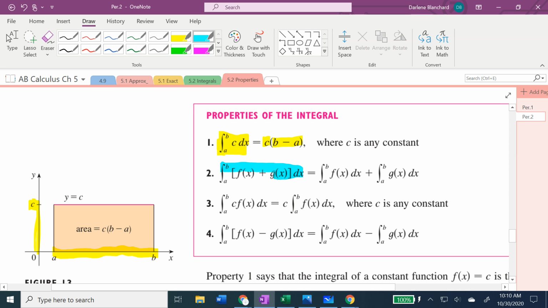We've talked about this one before, but again, you can add the functions inside the integral and then integrate, or you can integrate them separately. And the same with subtraction.